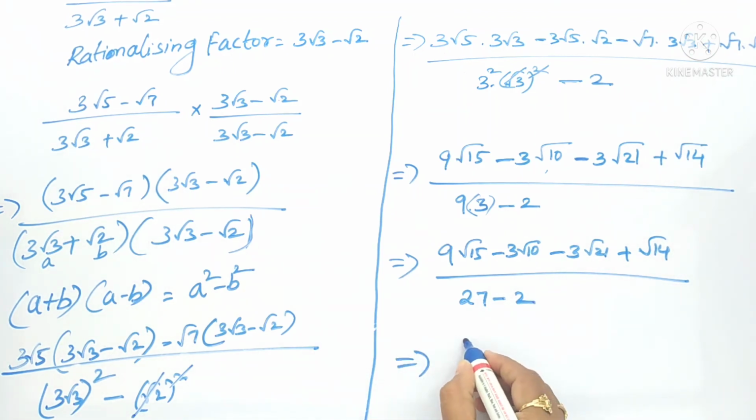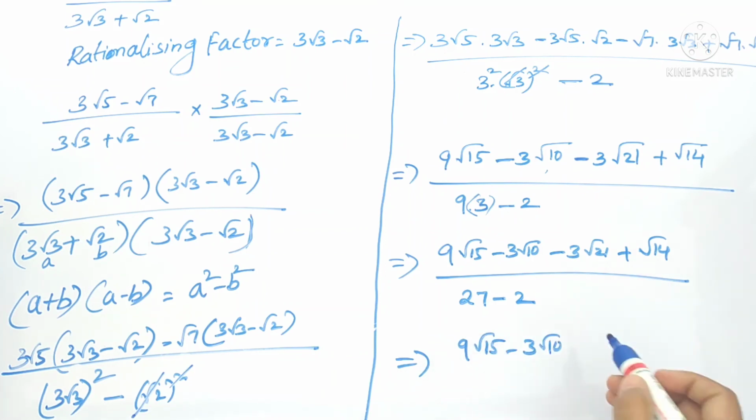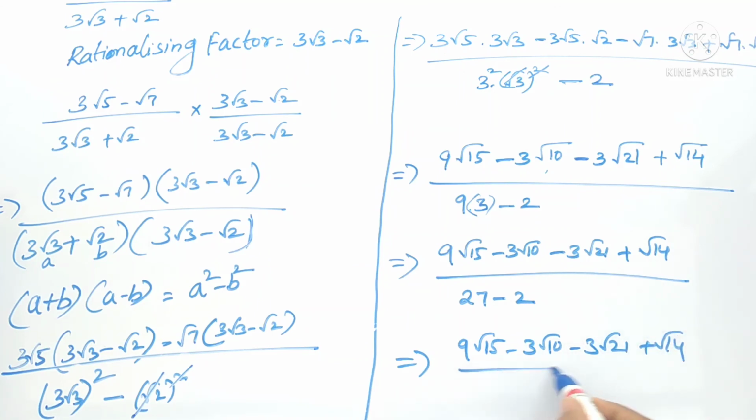So the same numerator comes, divided by 25. So this is the answer for this. Okay, I think you understand this problem, students.